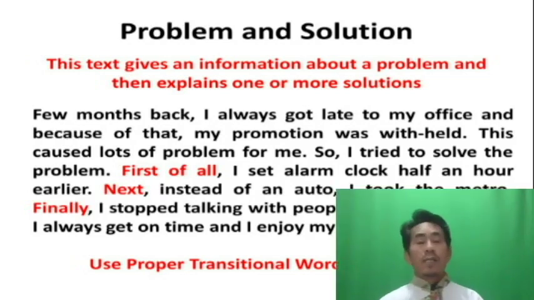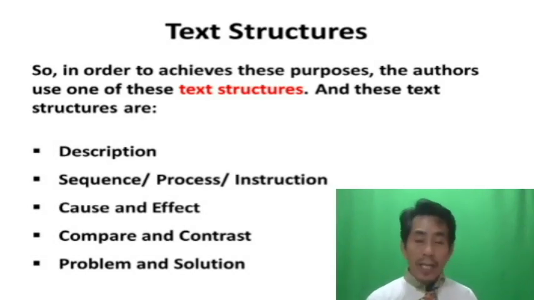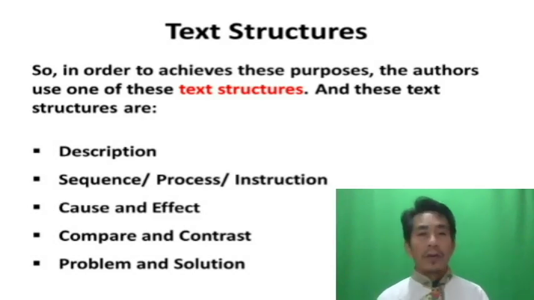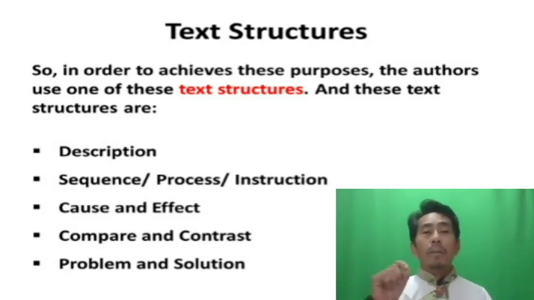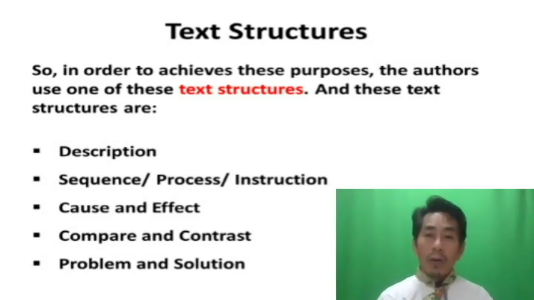So with this, we have come to the end of my lesson. My lesson is on text structure. So let us try to recapitulate what we have learned in this video. We have talked about text structures. The writers write books with three purposes. The first purpose is to make an argument.